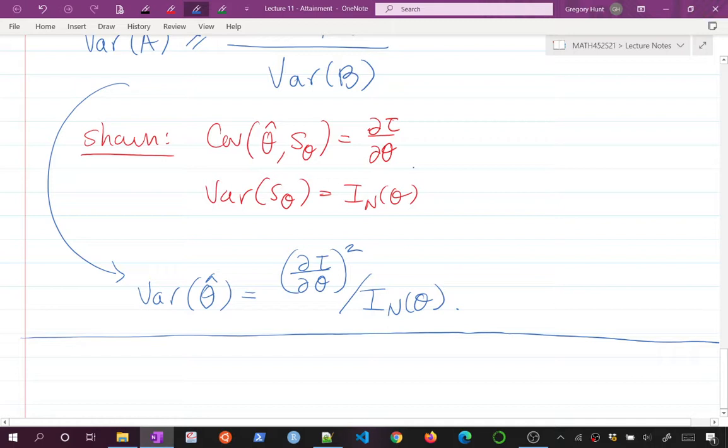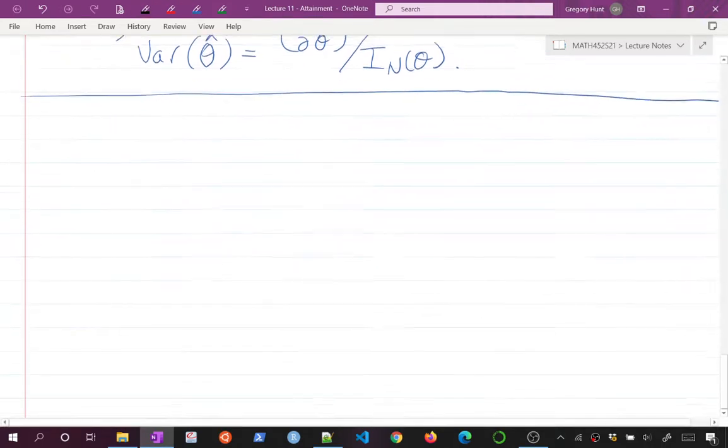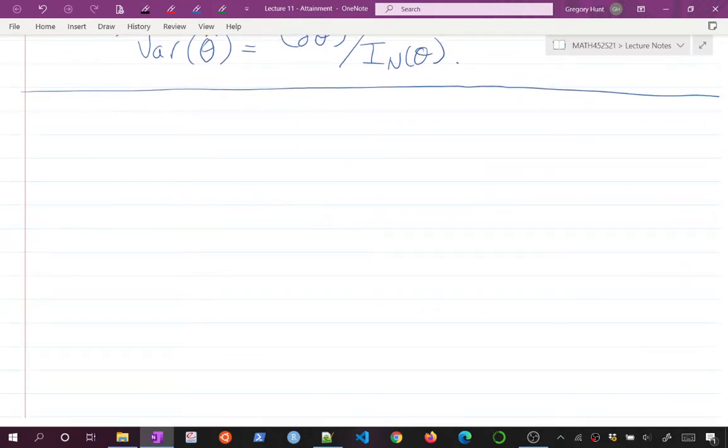So we've talked about this, and last time we spent quite a bit of time discussing how we could use this theorem to find the best estimator.